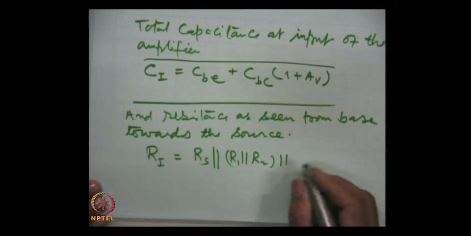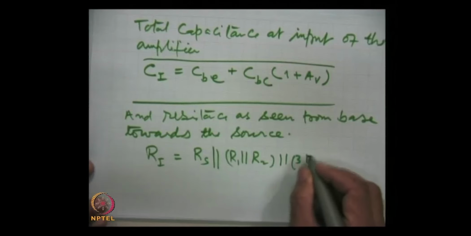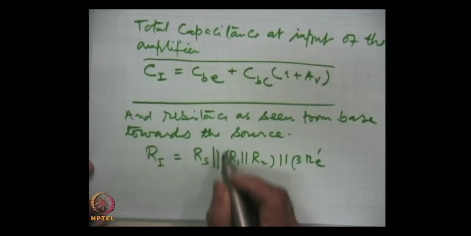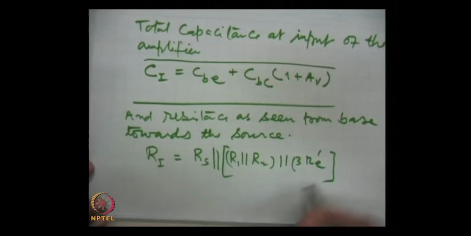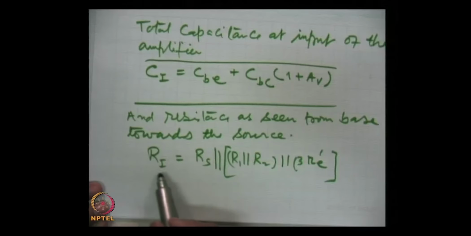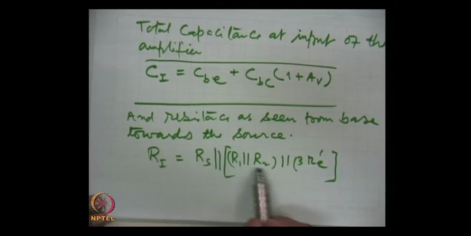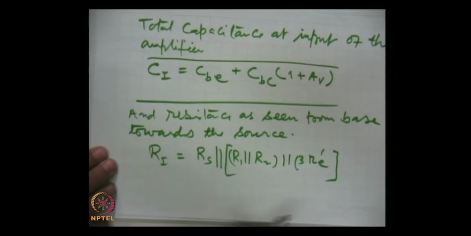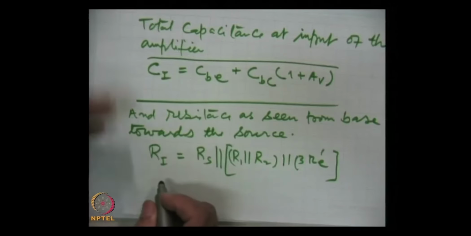So, this is beta RE prime, this is the total input resistance as seen between the base terminal and the ground will be this, where these three will be in parallel, and then the upper cutoff can be written from the general principle.